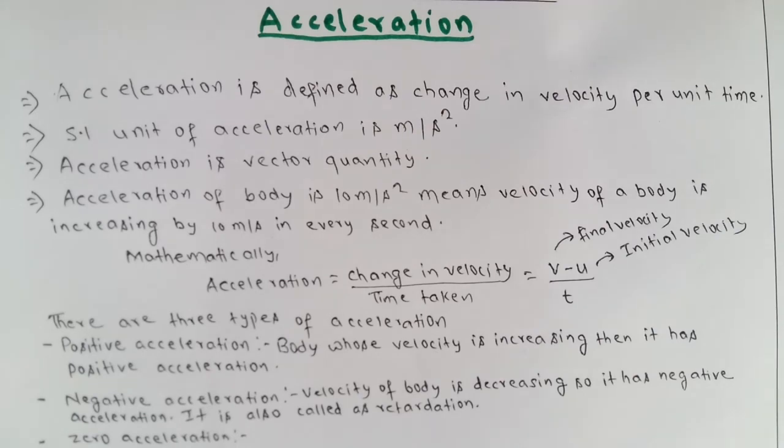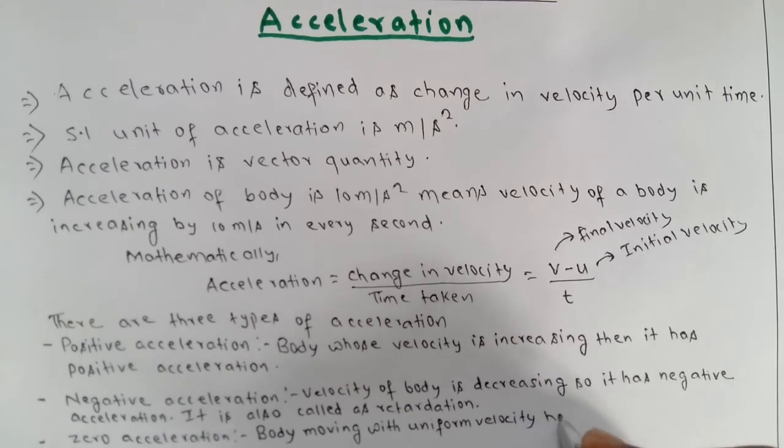The body is moving with uniform velocity. Uniform velocity means constant velocity, the velocity does not change. A body moving with uniform velocity has zero acceleration.